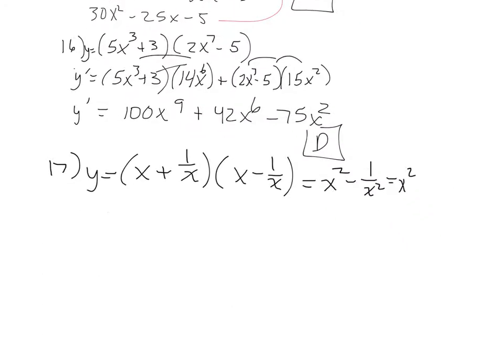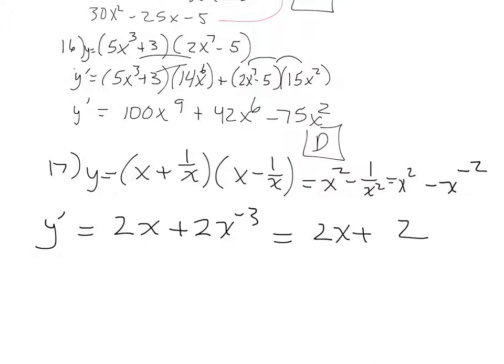And I rewrite this as x squared minus x to the minus 2. So now it just makes it very quick to bring the 2 down. X squared is 2x. Bring the negative 2 down, so that'll be a positive 2x to the negative 3, which is also the same thing as the way their answer was, which was B.